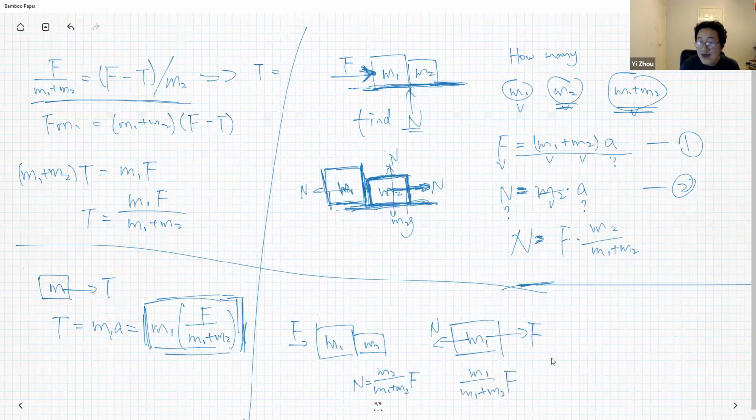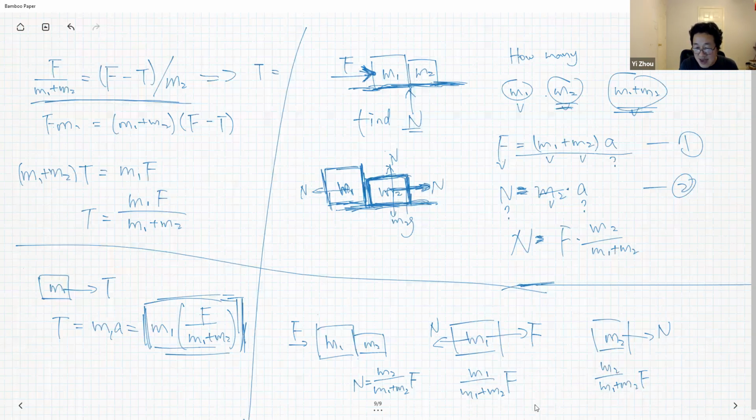F. Then for this M2, the total force is this normal force, so it's M2 divided by M1 plus M2 times F. You can see the acceleration is just these total forces divided by their mass.